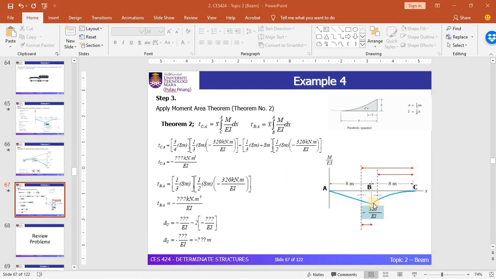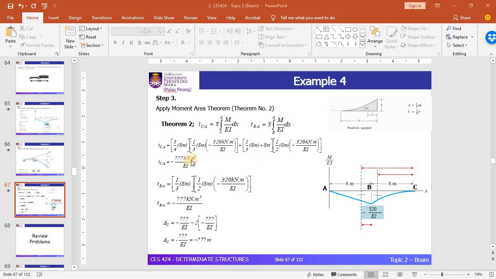For this triangular shape, the distance is measured from the center of gravity towards point C. For the parabolic spandrel, it is measured from the center of gravity of this area towards point C. Once you have identified the x bar for each shape, you multiply each x bar with the area of the triangular and spandrel shape, and simplified, you will get one value of tCA.